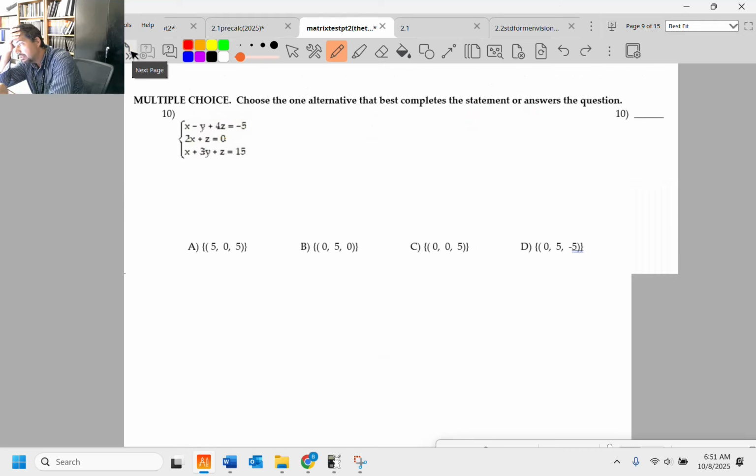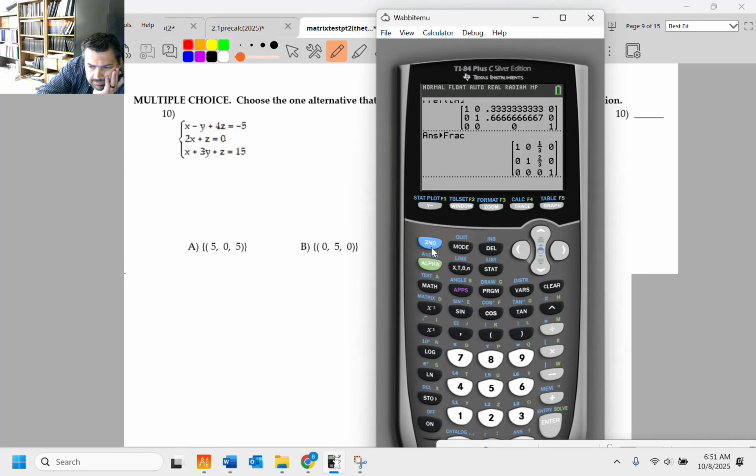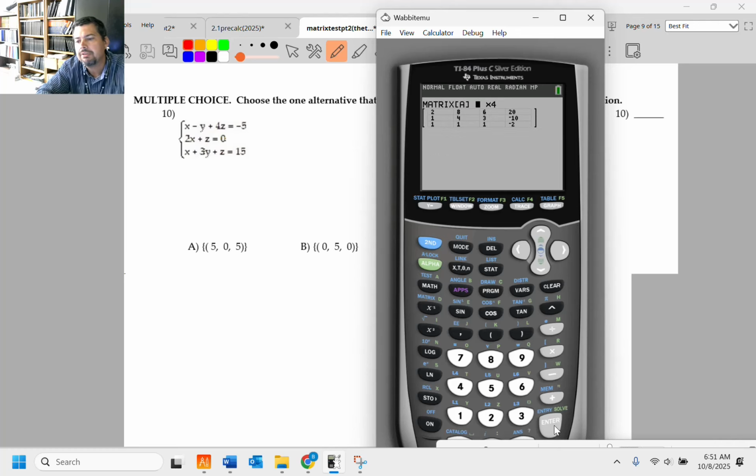All right, so this is actually the last real question, I think. Choose the one alternative that best completes the statement or answers the question. And you can do this one straight in a calculator. I feel like the correct answer was B, if memory serves me right. So we got a 3 by 4 again. 1, -1, 4, -5. 2, 0, because there's no y's. 1, 0.